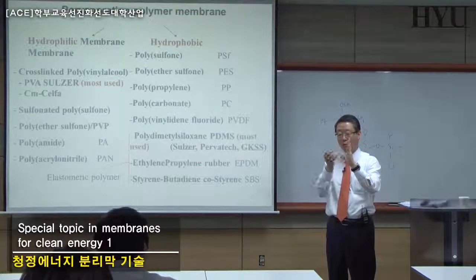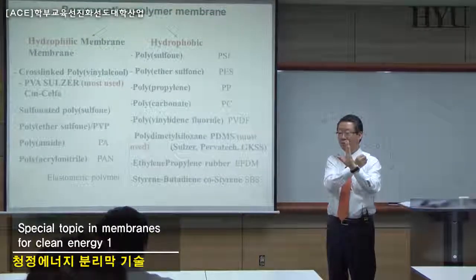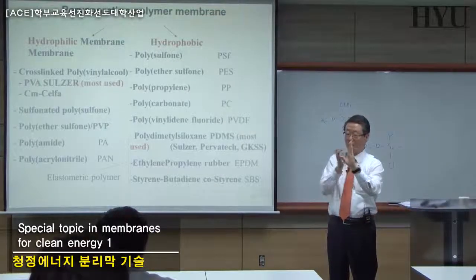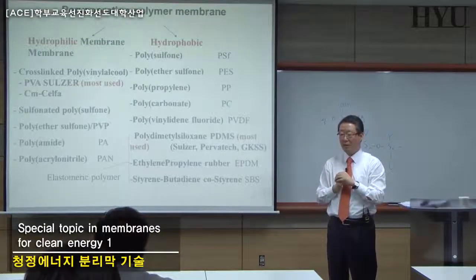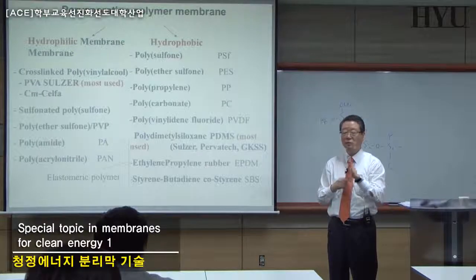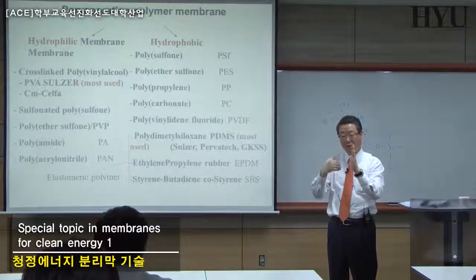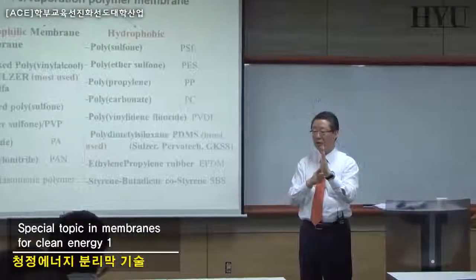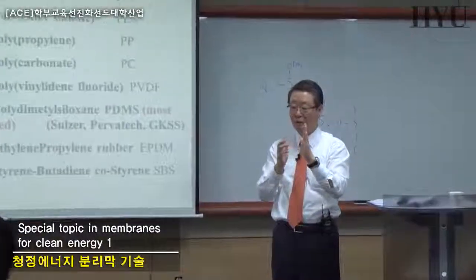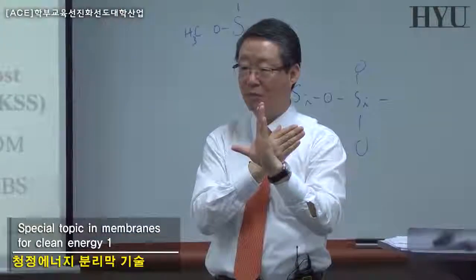So the water vapor or hot water will move from feed to the permeate, so you can concentrate your ethanol. Now, it's not economical to remove a large amount of water in your aqueous ethanol solution. It's much more economical at high ethanol concentration. And if you have a small amount of water, you can selectively remove your water through this cross-linked PVA membrane.